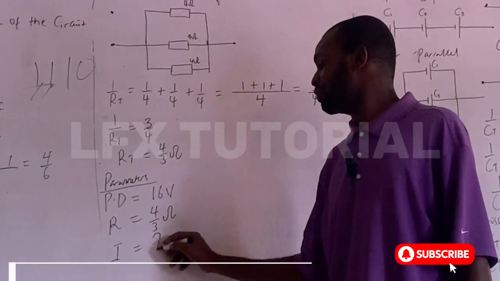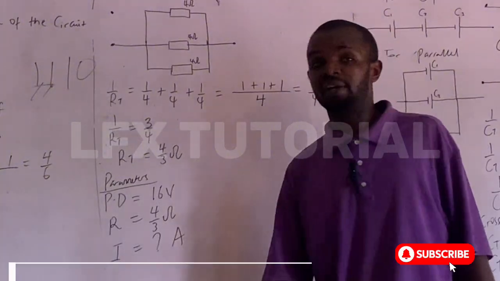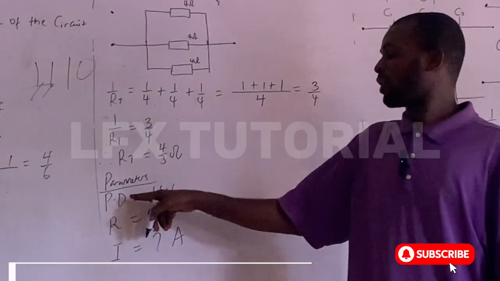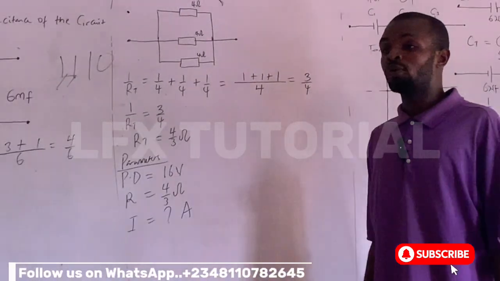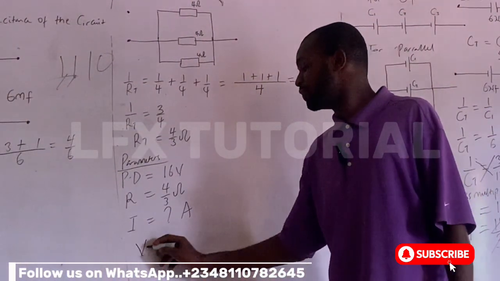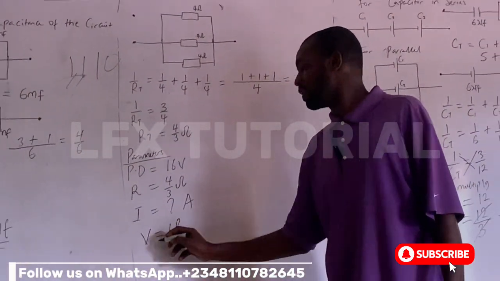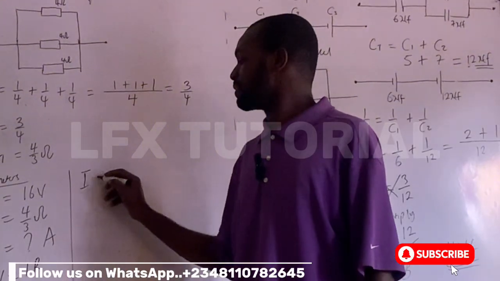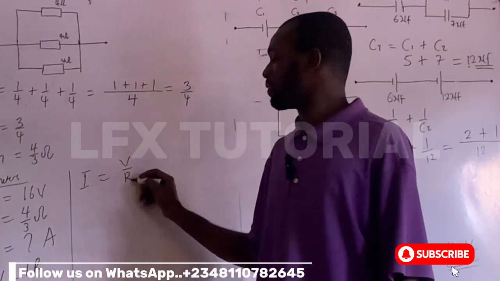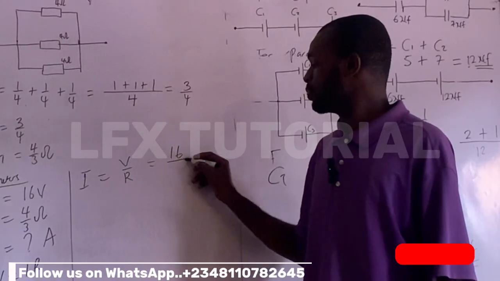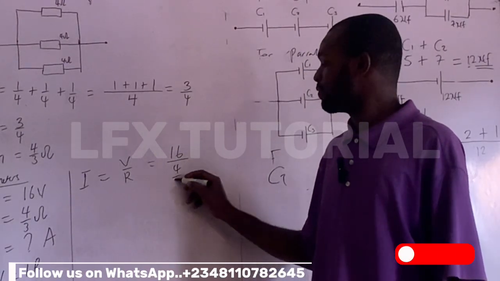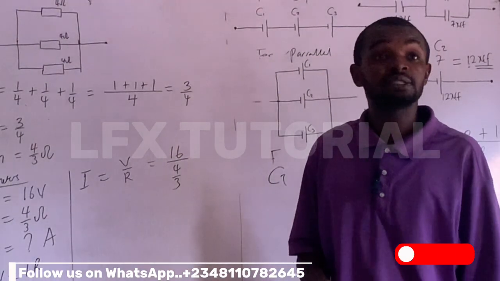Remember, they gave us the parameters. They gave the potential difference, which is PD, to be 16 V. Now I've gotten our R to be 4 over 3 ohms. And what did they say we should find? I, unknown, which is in amperes, right? What formula connects V, R, and I? Ohm's law. So V is equal to IR, and I is equal to V over R. What is V? 16 over what is R? 4 over 3. Right?